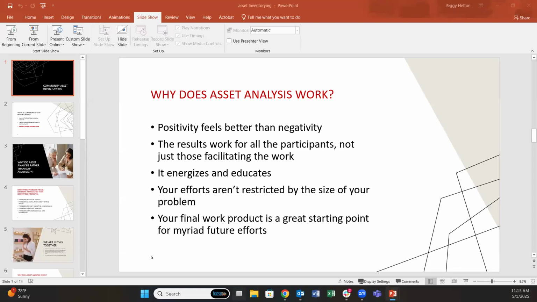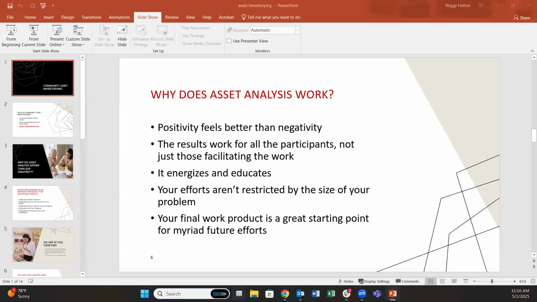I think some of the reasons is that positivity feels better than negativity. For those of you who go to church, think, which sermons energize the parishioners? Is it the ones that are more positive, talking about love, or is it the ones that are more hellfire and damnation?